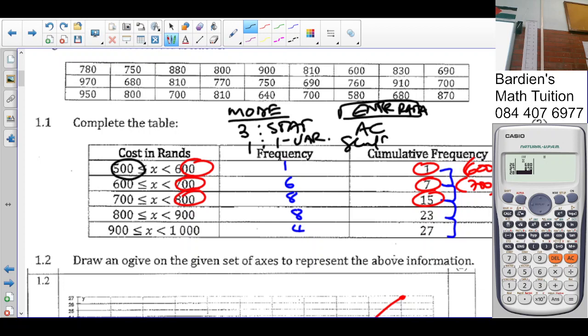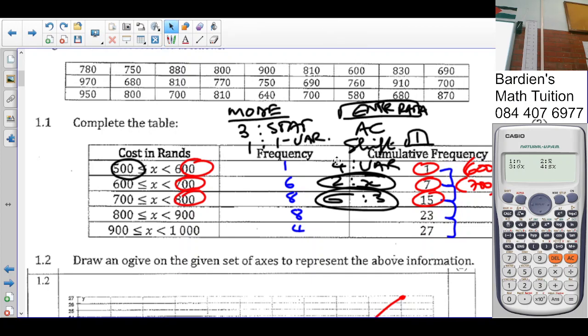What I then press is AC, to store this data. I then press shift, then the number 1. So we press AC, shift, number 1. 4 for variance, 2 for mean, and 3 for standard deviation.